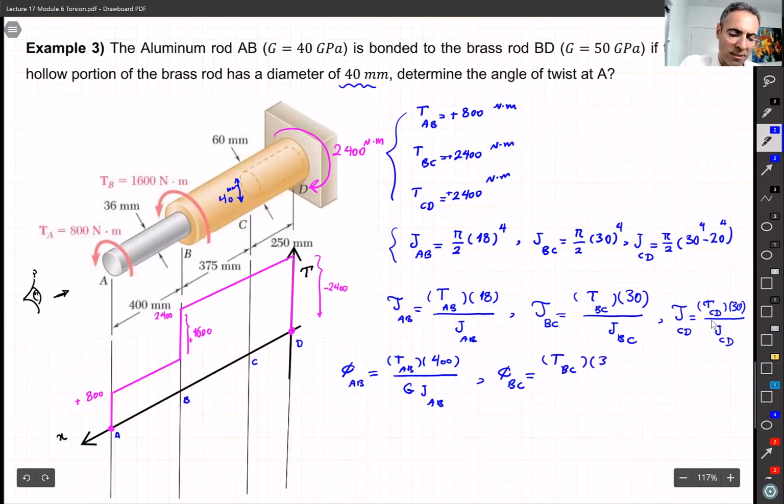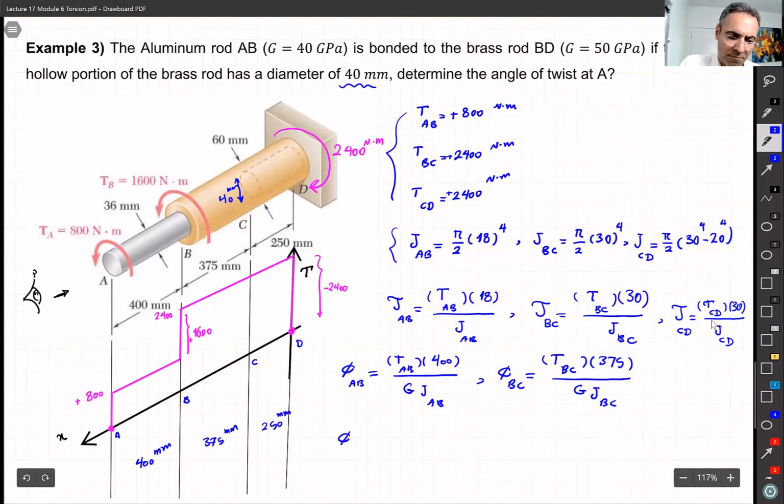Its length 375 millimeters, and JBC. Remember, for each section you put the length for that section, right? From A to B, the length here is 400 millimeters. From B to C, the length is 375 millimeters. And the last portion is 250 millimeters.